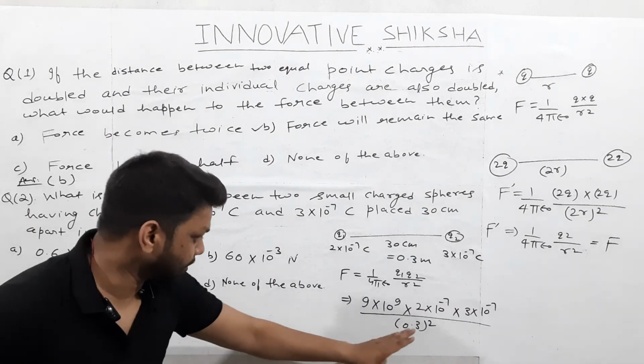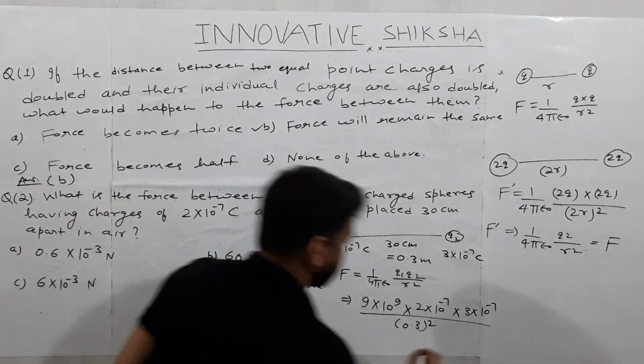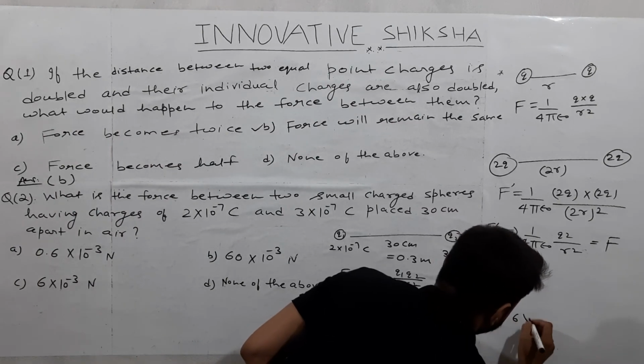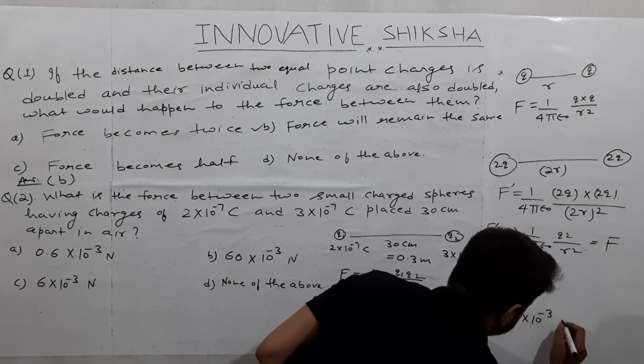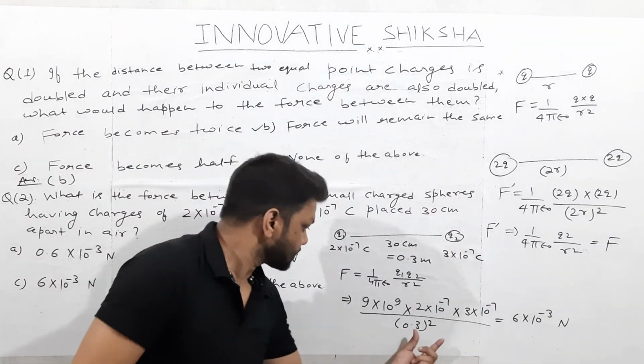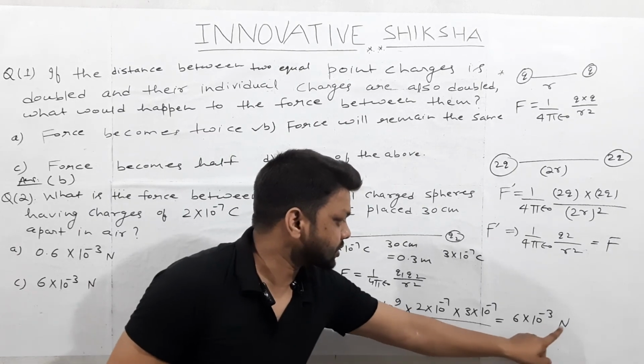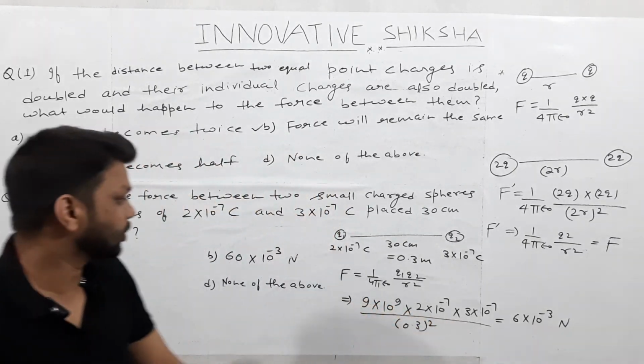After solving this you can very easily get the answer, that is 6 into 10 to the power minus 3 Newton. Here you can apply simple mathematics and you will get 6 into 10 to the power minus 3 Newton. So this would be your answer.